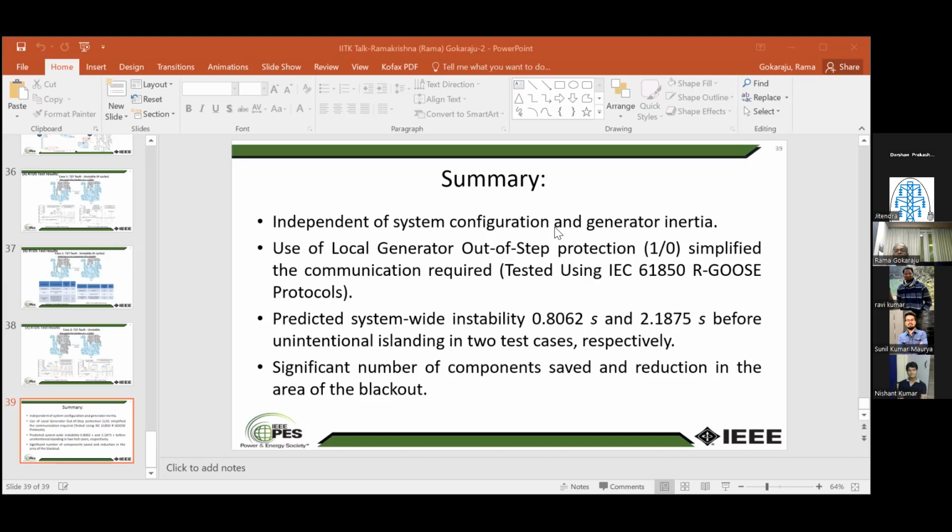We have a last question from Mr. Atul Soni. During the island formation, do the overcurrent relays need to change their settings to maintain coordination, or is it already considered? Overcurrent relays, no, we did not change their settings. Whatever overcurrent relays we had, we kept the original settings.